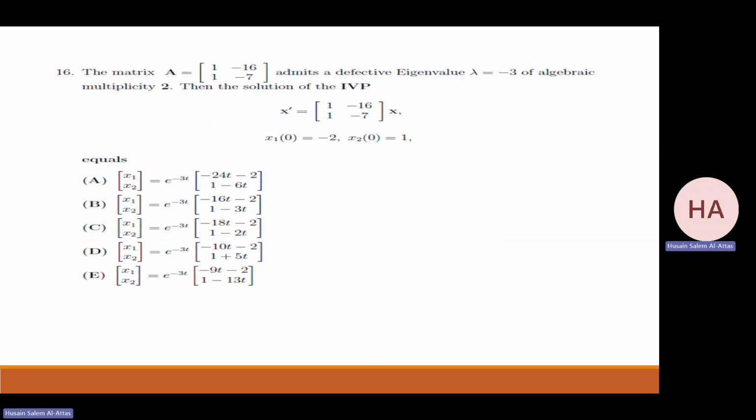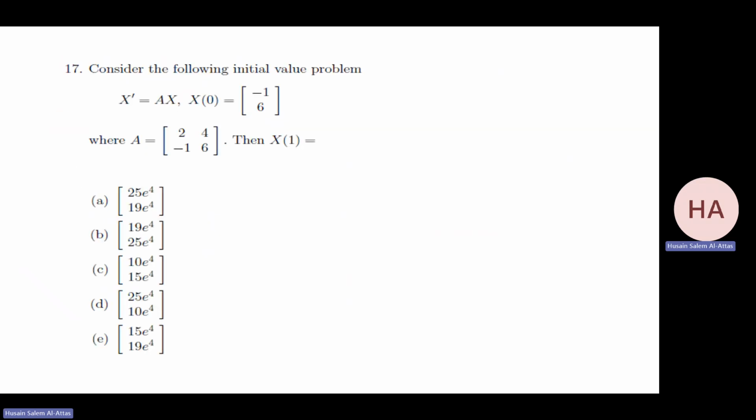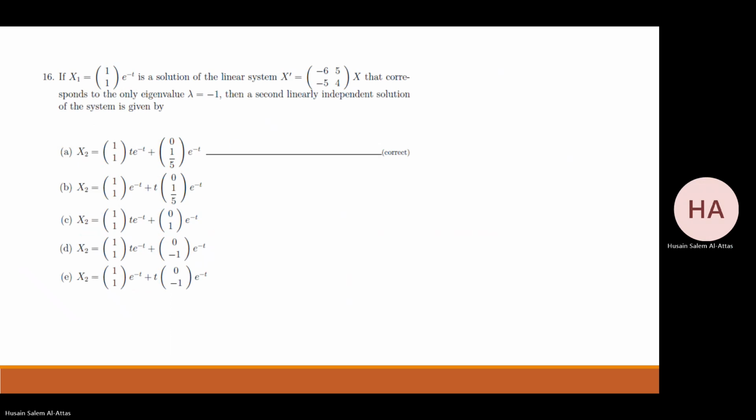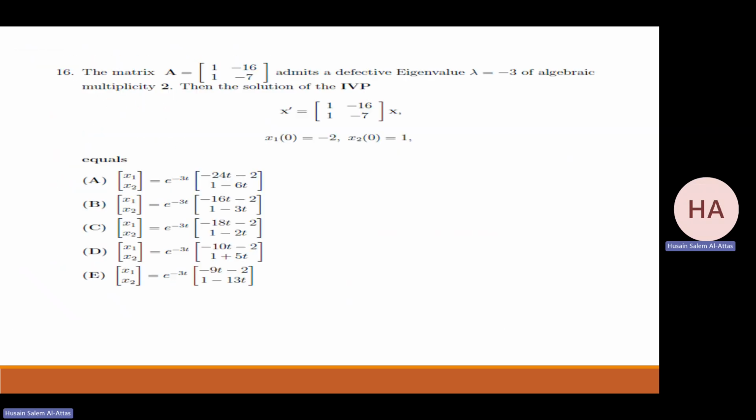Notice this is the usual one, or I have an initial condition, or this is written. These are the questions which I will do. Okay, so let me do this one.